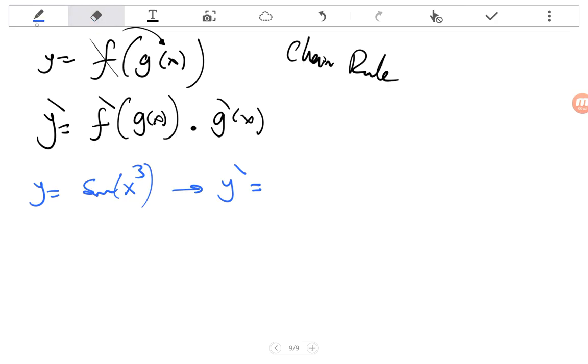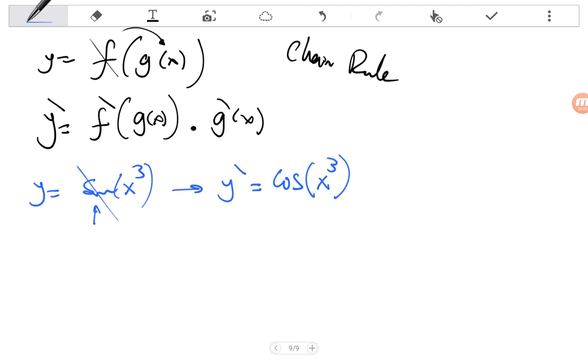What is the rule in this case? I will take the outer function and differentiate it. What is the differentiation of the sine? It is cosine. So I will write cosine and preserve what is inside it as it is. So it would be cosine x cubed.